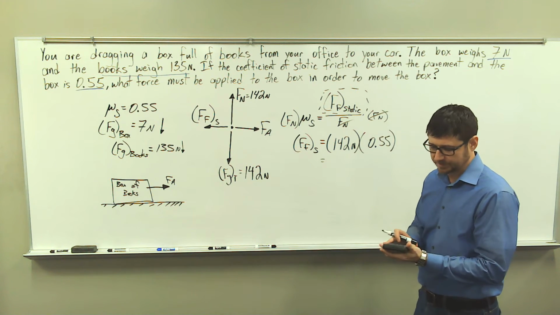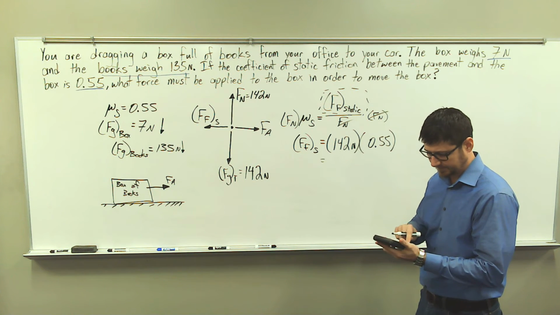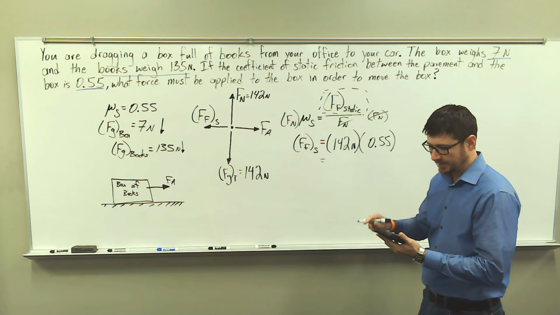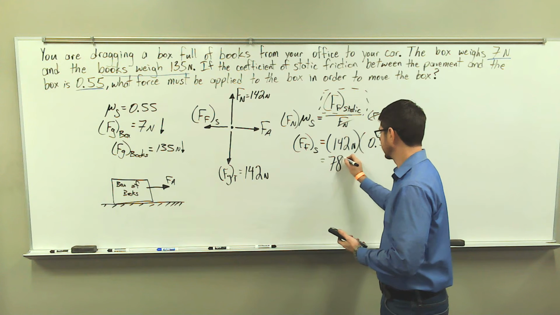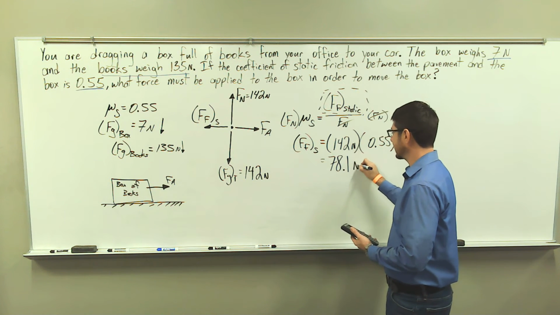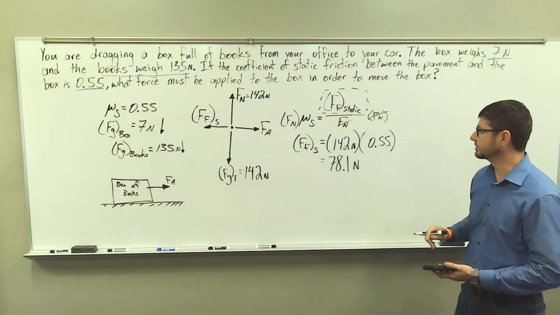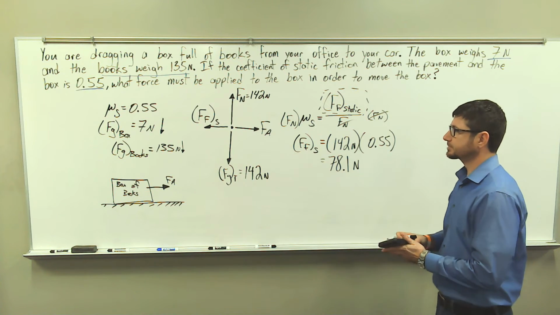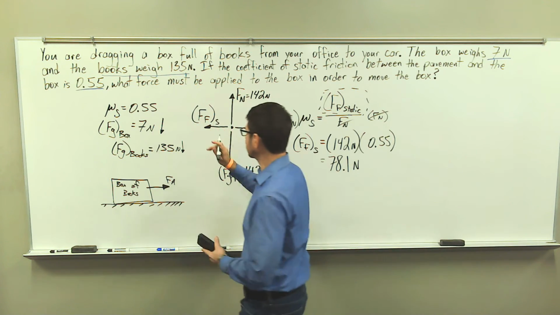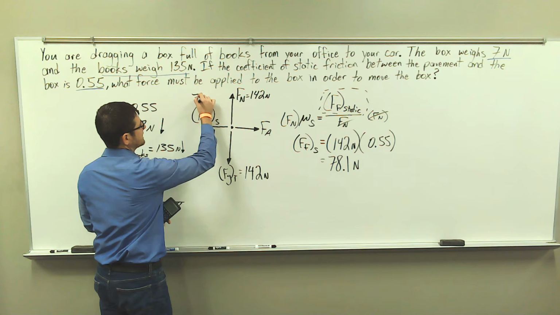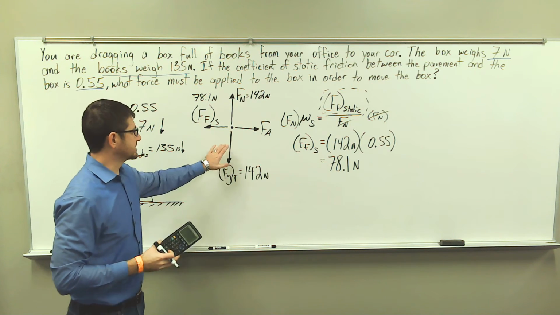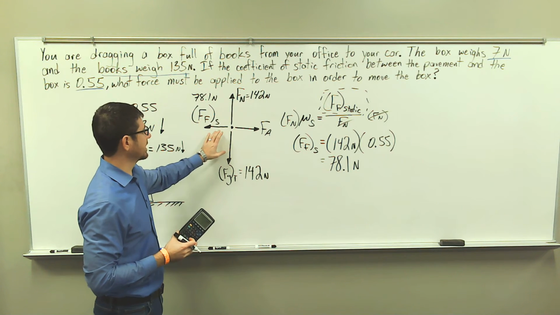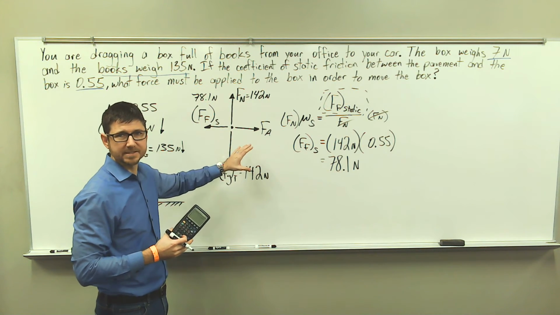So 142 times 0.55. This gives me 78.1. And we have units of newtons. So right here, let's go ahead and label it over here, 78.1 newtons, okay?